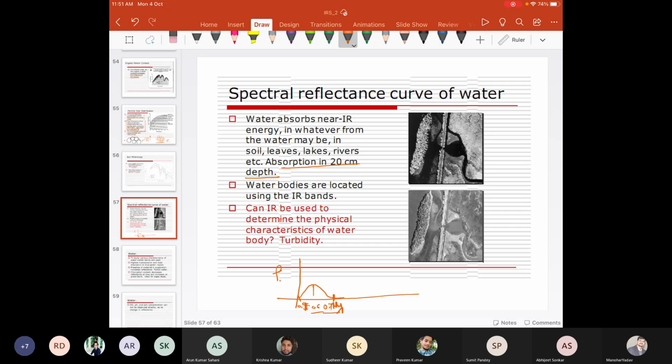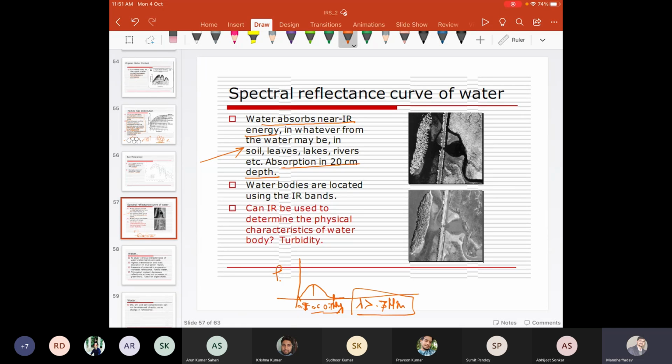So water absorbs near infrared energy. It means wavelength more than 0.7 micrometer, which is the near infrared band. Water absorbs the entire energy. It is a property of water.